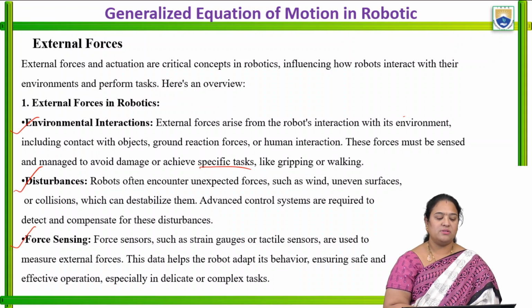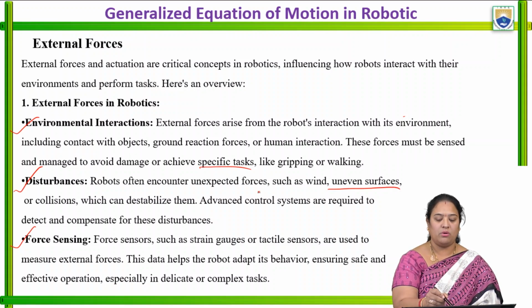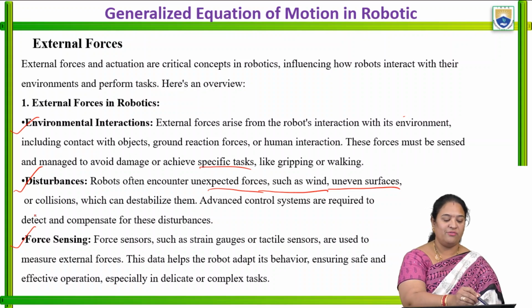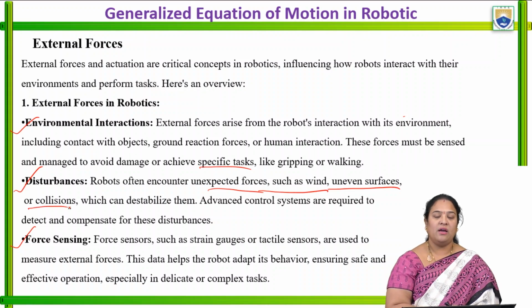When we come across disturbances, what do we mean by disturbances? That is when we have uneven surfaces, or when we come across wind or unexpected forces. The robot should withstand itself, or collisions with other objects or obstacles.